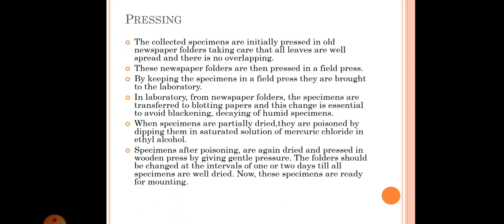Specimens after poisoning are again dried and pressed in a wooden press by giving gentle pressure. The folders should be changed at intervals of 1 or 2 days till all specimens are well dried. Now, these specimens are ready for mounting.